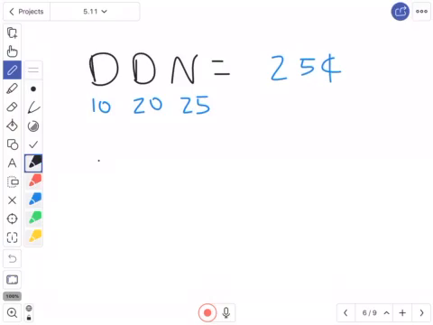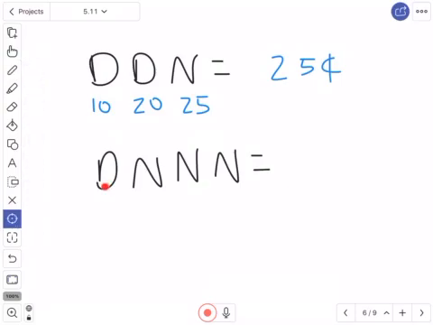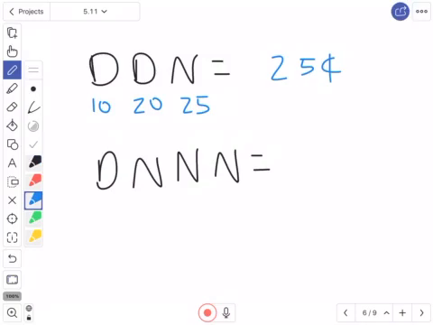And I'm going to do this one. Dime, nickel, nickel, nickel. Remember, dimes are worth 10, nickels are worth 5. So 10, 15, 20, 25. So 25 cents again.